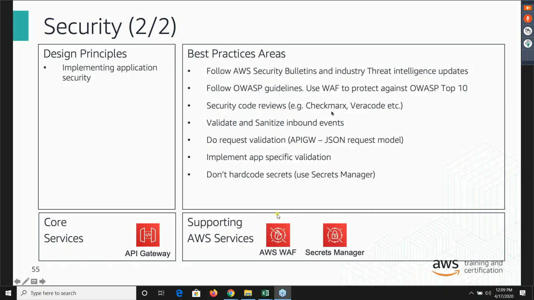So application level security, right? Now this gets away from the infrastructure side, more into the application side. One recommendation is to obviously follow AWS best practices. You can look at security bulletins and understand the latest threat landscape. For the OWASP top 10, including cross-site scripting and all those, you can use AWS WAF or other application firewalls to prevent against those attacks.